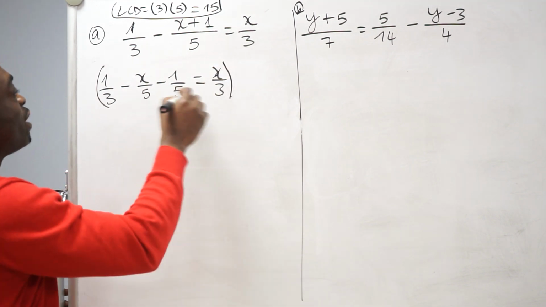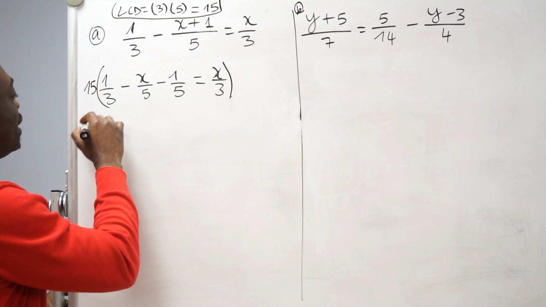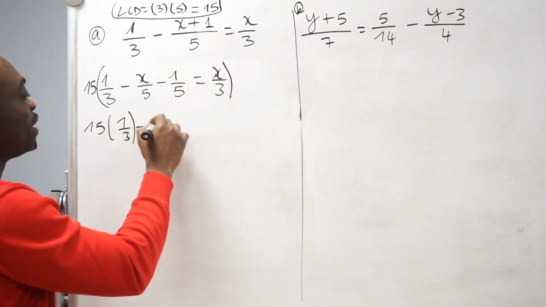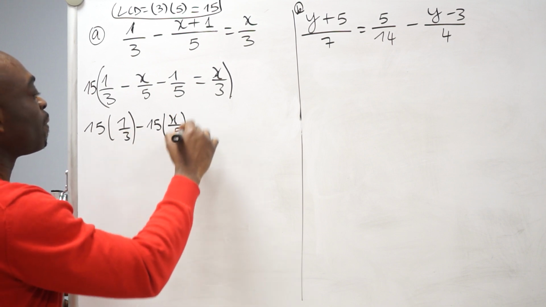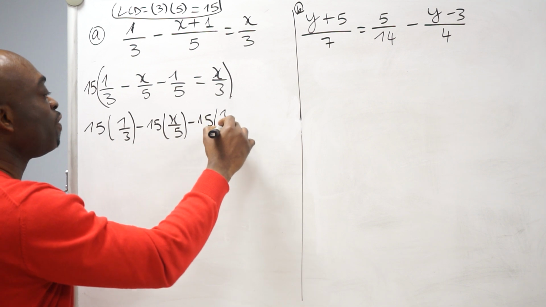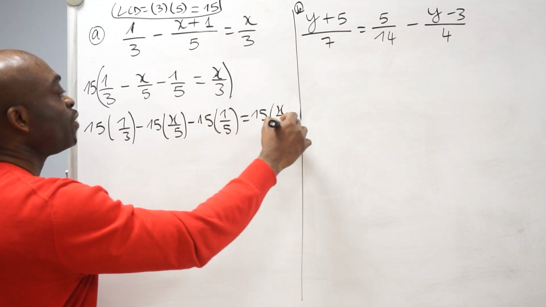Once we get this, we multiply the whole equation by 15. So 15 is multiplying 1 over 3, minus 15 multiplying x over 5, and then minus 15 times 1 over 5 equals 15 times x over 3.